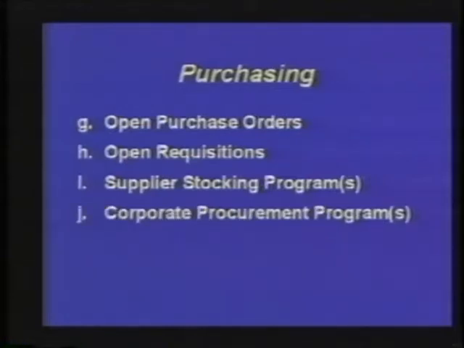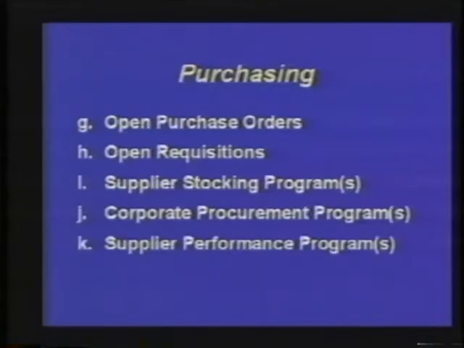Where we have 2 or more facilities, as I mentioned earlier, we would indicate what suppliers and what part numbers are under what we call our corporate procurement program. Where we set up a supplier performance or appraisal program, we want to know what suppliers are currently in that program.